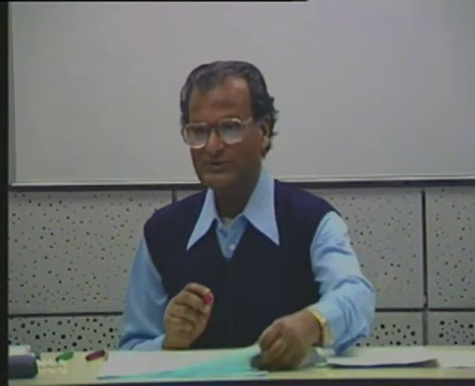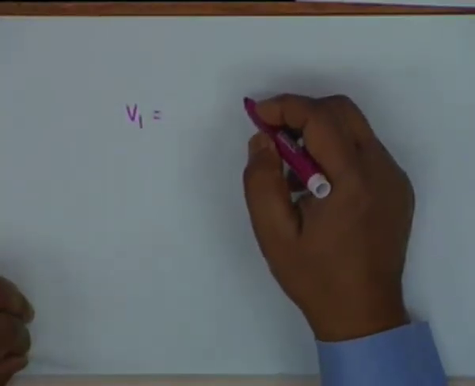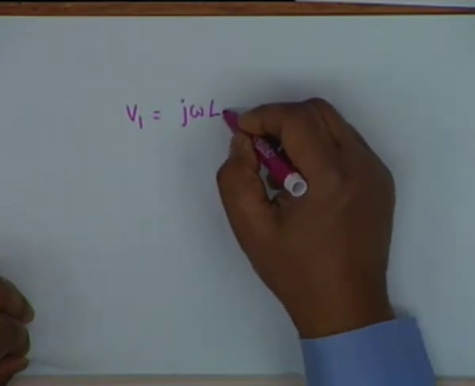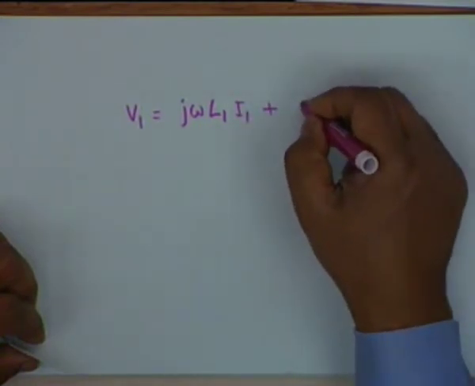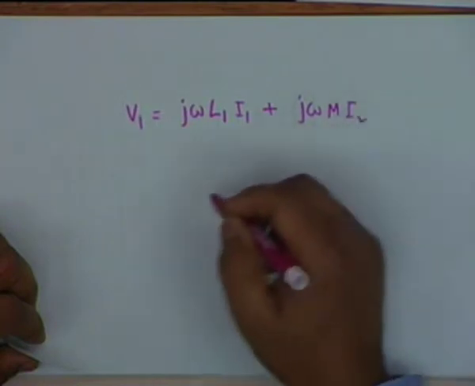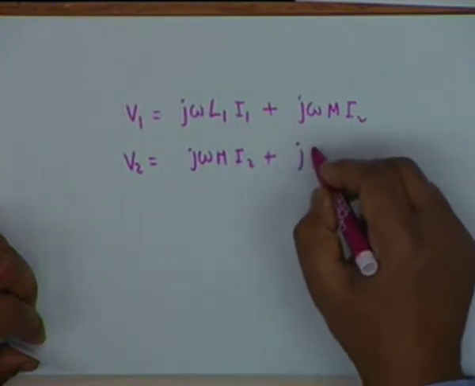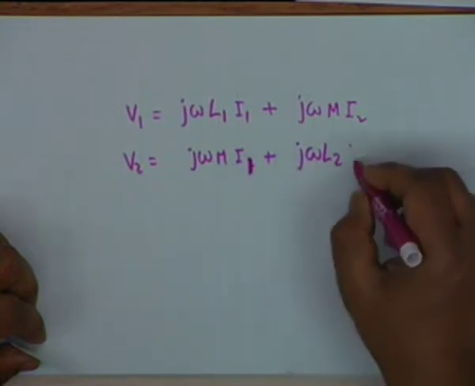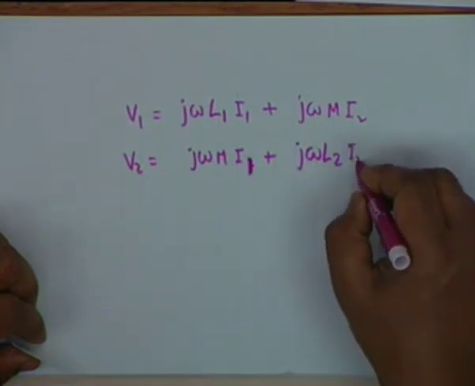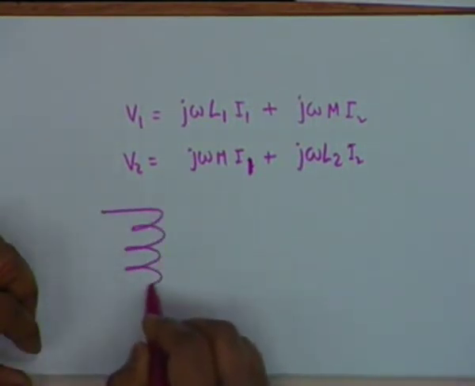If the excitation were sinusoidal, then we could express them in terms of phasors, that is, we would have simply written V1 equal to j omega L1, this is the impedance of the inductor, multiplied by I1, plus j omega M I2, and V2 would be written as j omega M I1 plus j omega L2 I2.